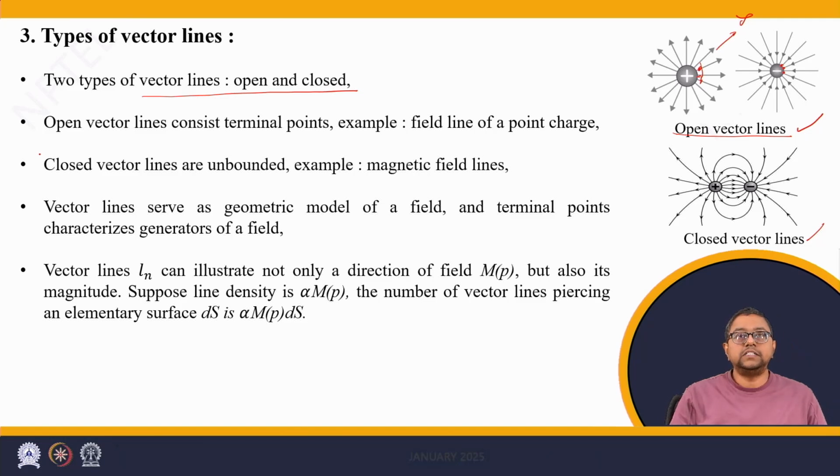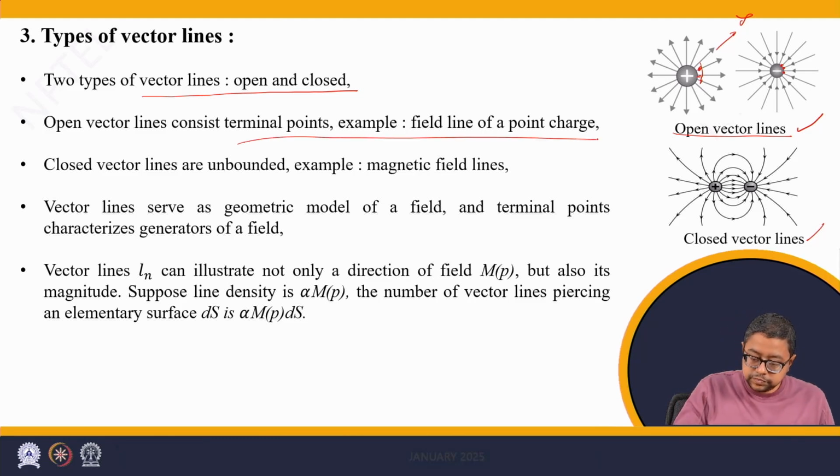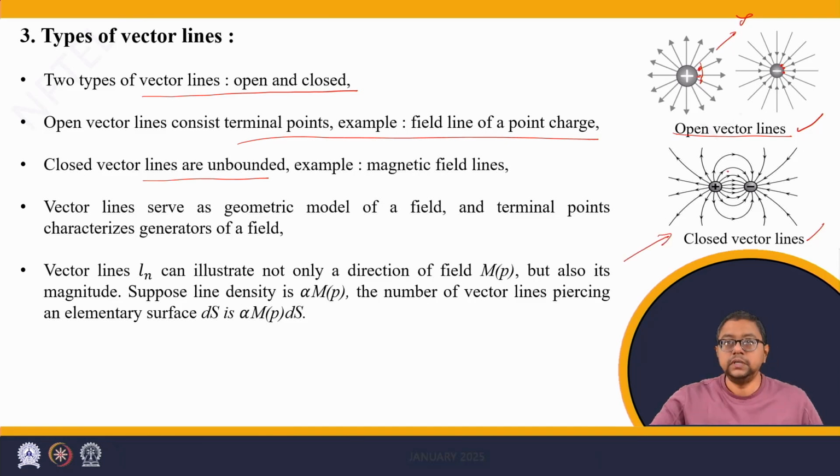So an open vector line consists of terminal points, such as the field line of a point charge. On the other hand, closed vector lines are unbounded and they form a loop, which makes them bereft of any terminal points. As the name suggests, closed vector lines can be understood using the following diagram. Here, let us consider the dipolar structure consisting of positive and negative poles.